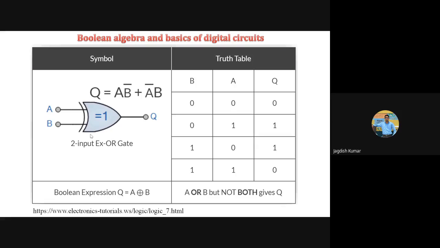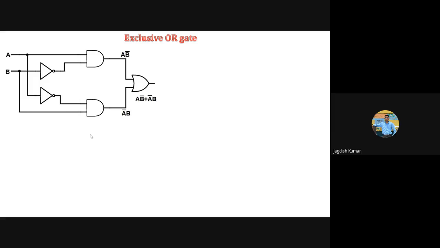One set of gates is AND, OR, and NOT gate. If you use those 3 gates, you can design any Boolean expression or any digital circuit, any truth table. And another option may be using only NAND gates or NOR gates. That's another way.